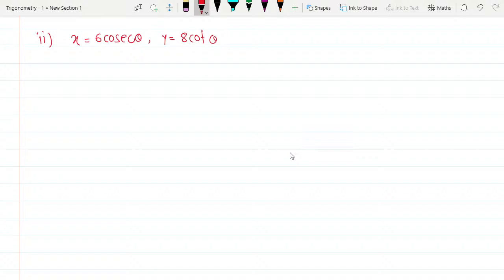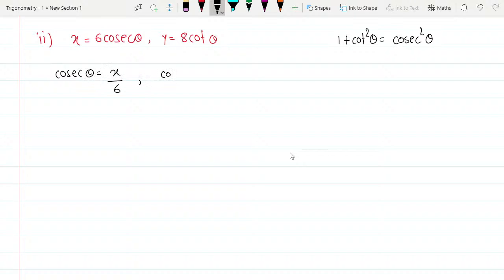For that purpose, see, now in the question you have cosec and cot. The identity you know between cosec and cot is 1 plus cot square theta equals cosec square theta. This identity I know. So let's try to get this. x equals 6 cosec theta, so cosec theta equals x by 6.